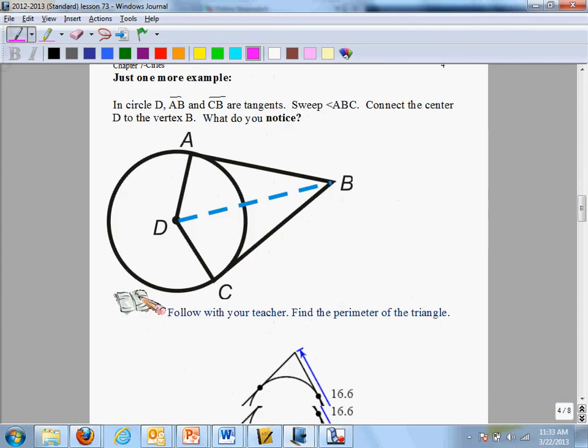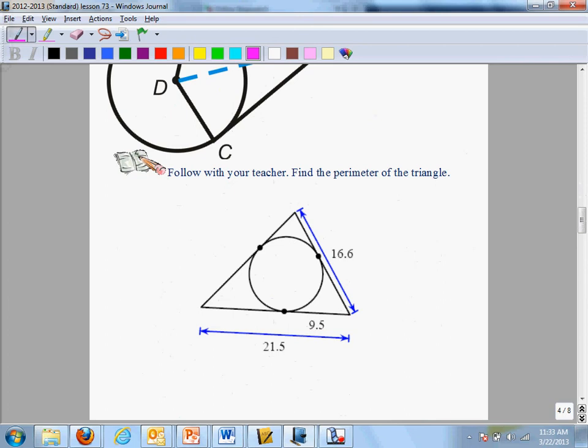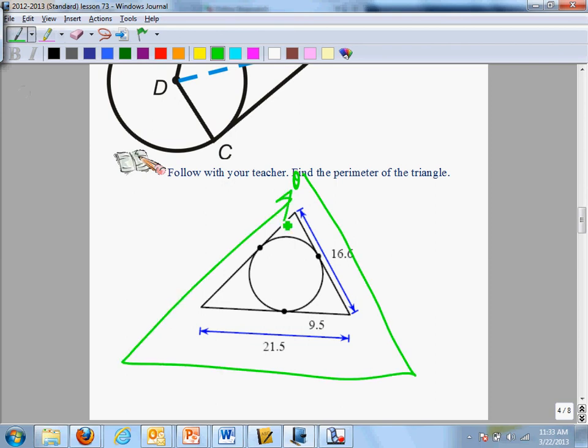Okay, using that, drop down to this problem. Ready? Okay, you and your teammates have 2 minutes. Again, those of you working ahead, backtrack because this is part of your sign-off. I want you and your teammates to find me the perimeter of that triangle. You have 2 minutes. Go.